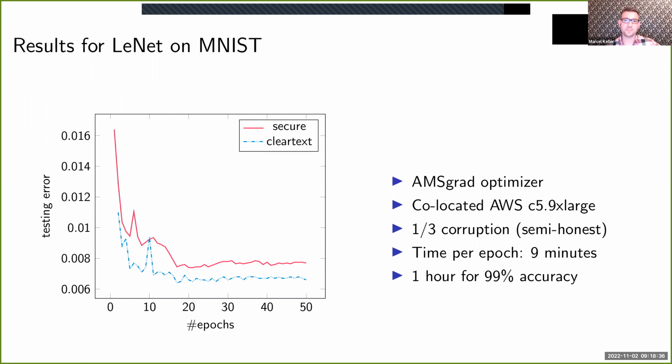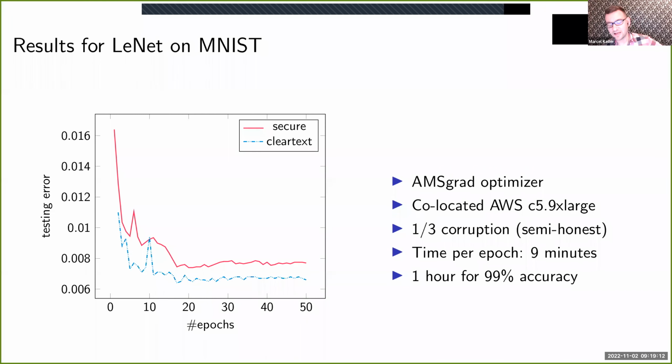There is this famous deep learning network called LeNet, named after Yann LeCun, who also invented convolutional layers. I have implemented this in MP-SPDZ and run it. And what we see here is a slight difference between secure and clear text computation in terms of accuracy.